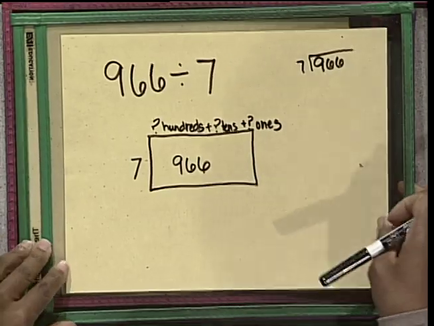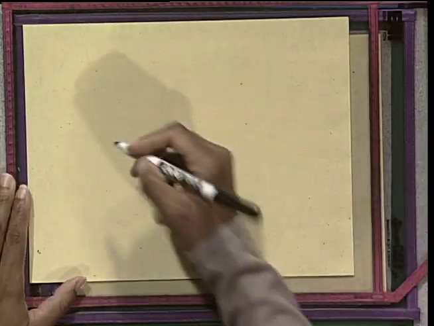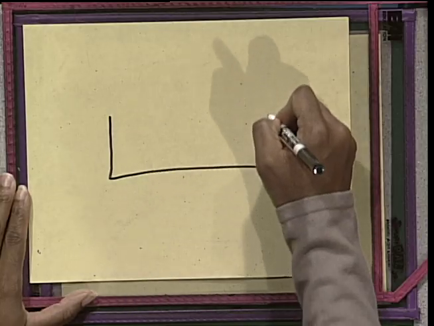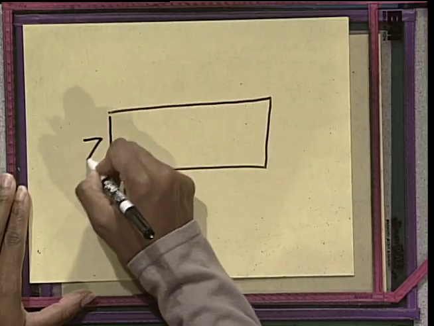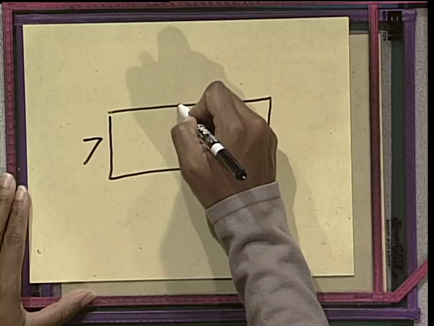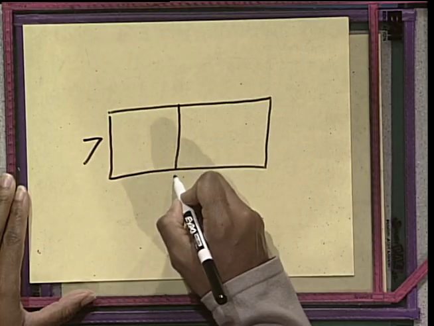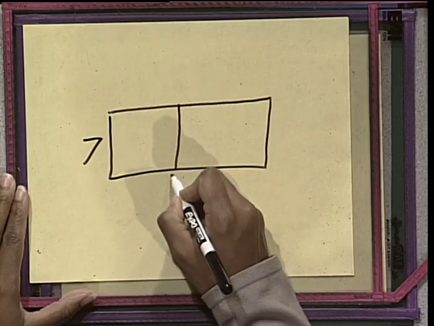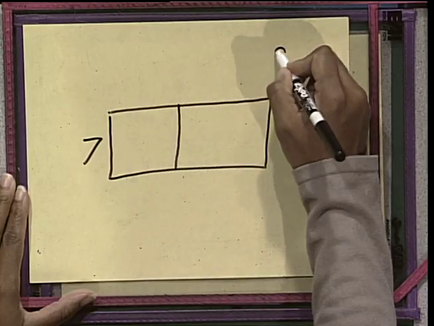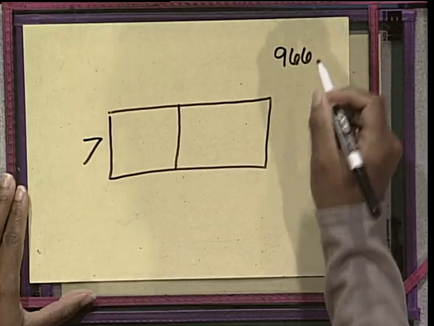So I'm going to take another sheet, and I'm going to rewrite and draw my area model. And I'm going to break it down with my hundreds first. I have the number 966 inside of my rectangle.